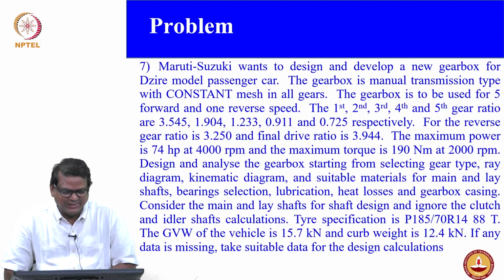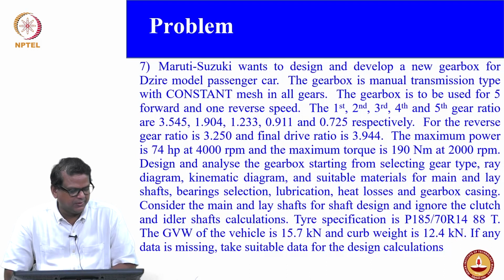The gearbox is manual transmission type with constant mesh in all gears. The gearbox is to be used for 5 forward and 1 reverse speed. The first, second, third, fourth and fifth gear ratios are 3.545, 1.904, 1.233, 0.911 and 0.725 respectively.